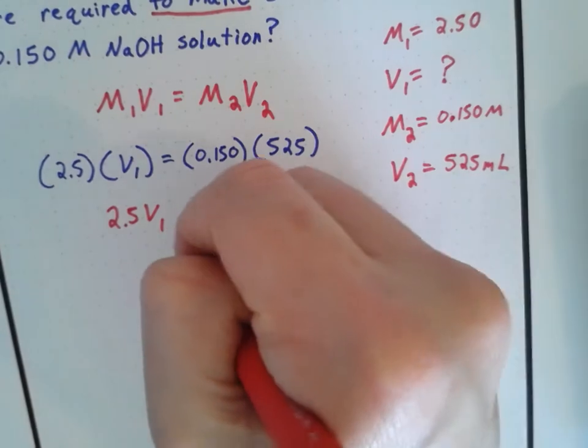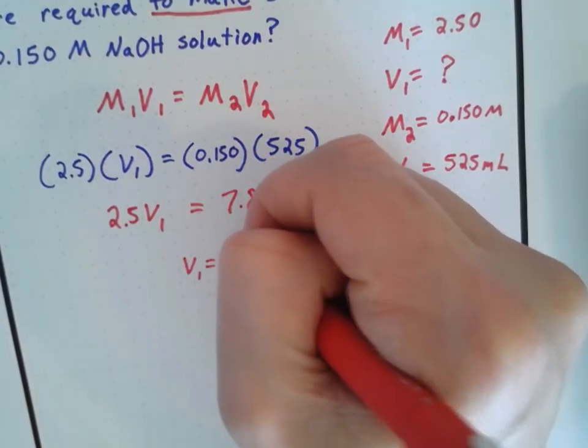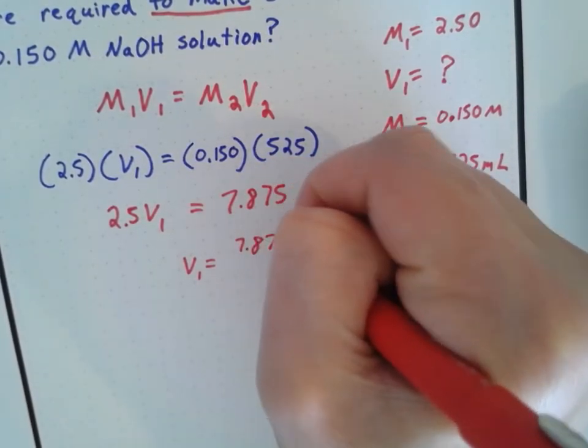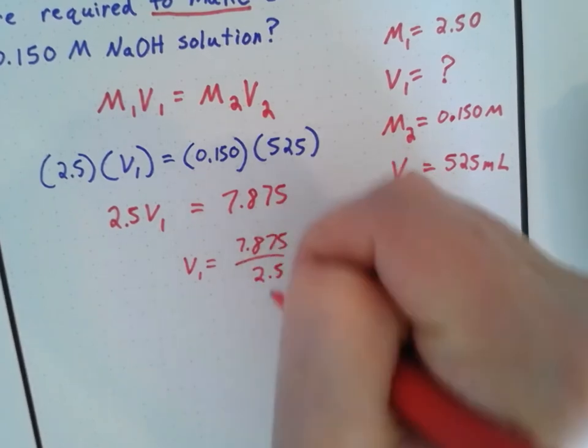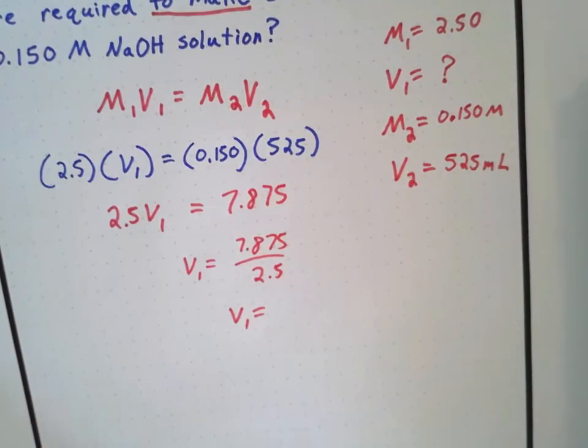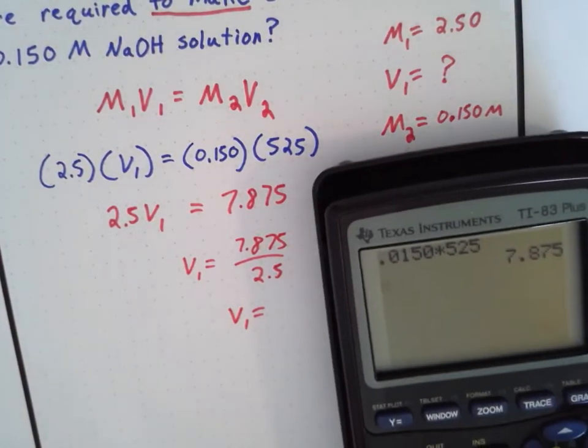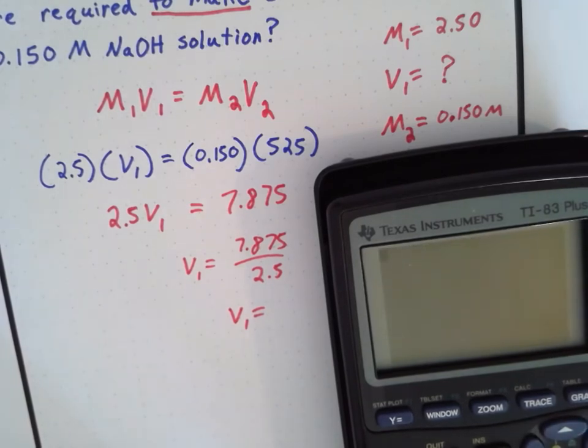So V1 is going to be equal to 7.875 divided by 2.5. And when I do that calculation, I'll finally get my final answer. So 3.15.